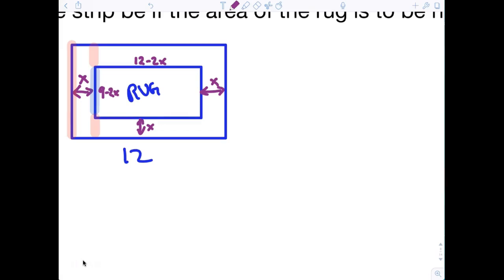What are the dimensions of the rug? You're almost right. There you go. Very good. So here we have it. The area is 9 minus 2x times 12 minus 2x. That is the area of the rug. Now, numerically, what is the area of the rug? Someone tell me.